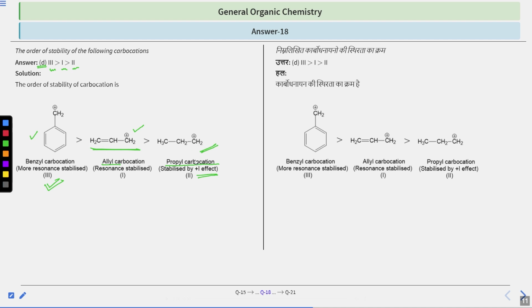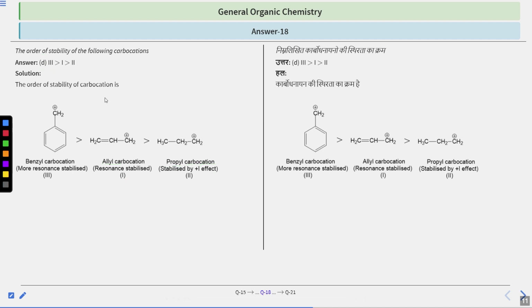This is the correct order for the stability of the carbocations. In the question, we have given benzyl carbocation as the third, allyl carbocation as the first, and propyl carbocation as the second compound. That's why the correct order is: most stable is third, then first, and second. And thus, D option is the correct answer.